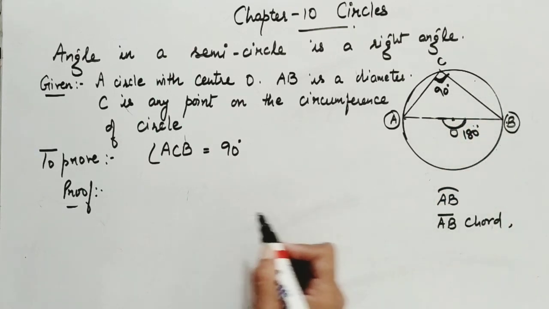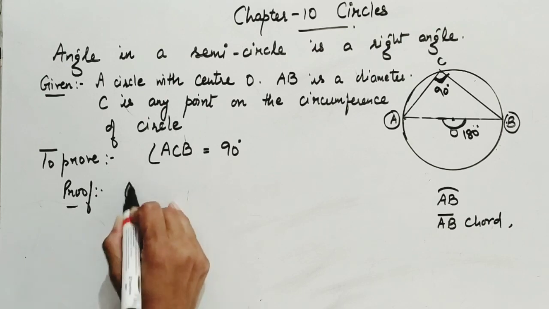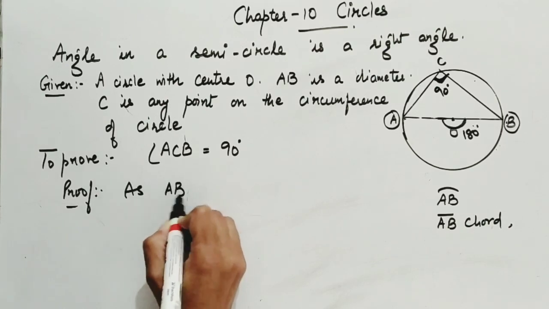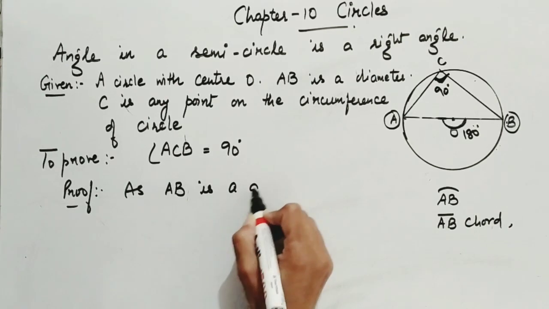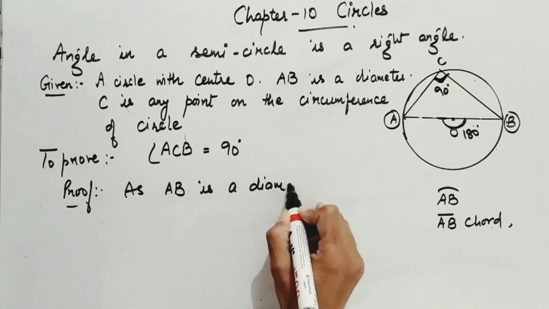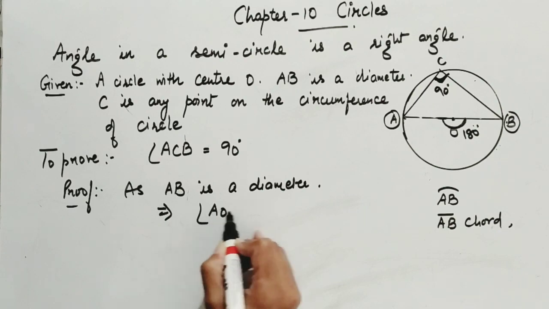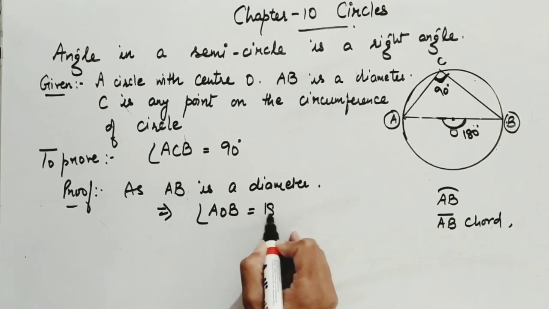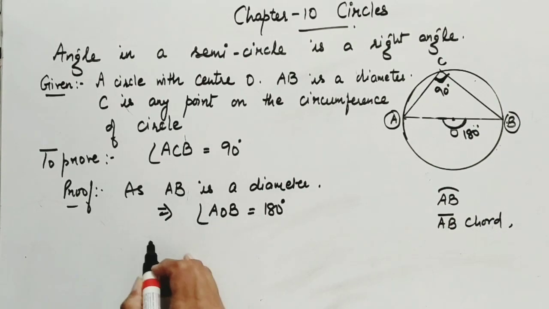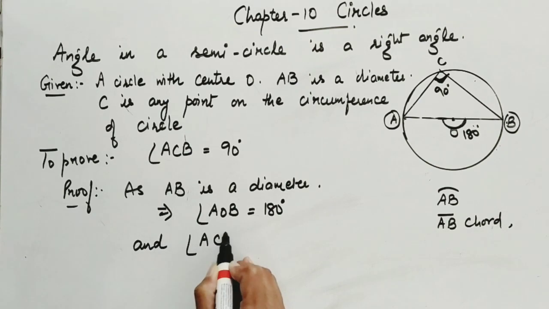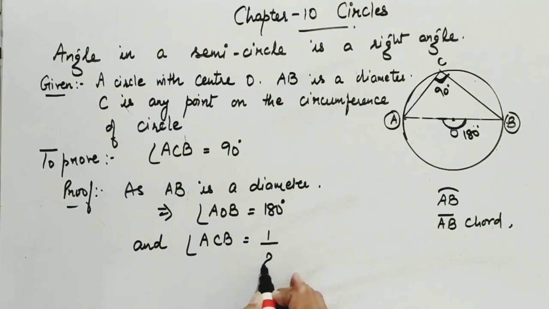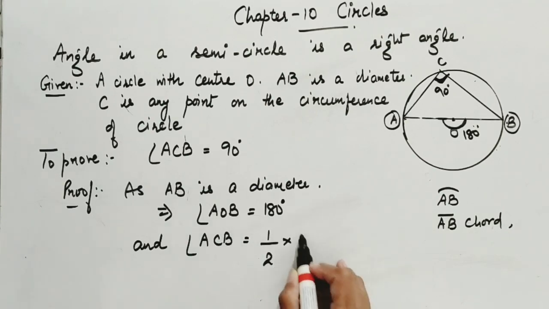So let's just write it down. As AB is a straight line, or AB is a diameter, that implies angle AOB is 180 and ACB would be half of AOB.